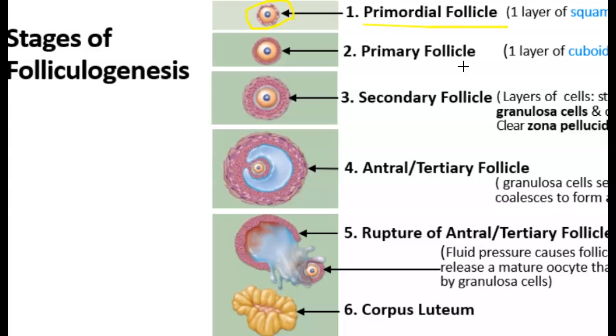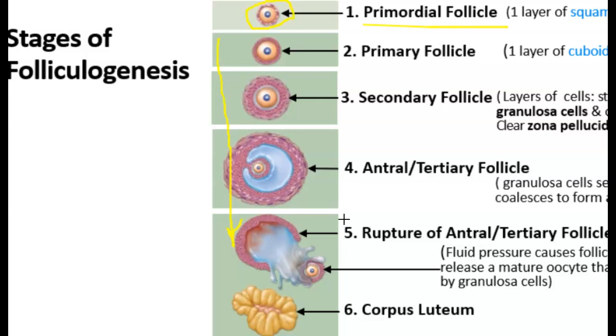From puberty until a woman reaches menopause, a group of about 20 primordial follicles are recruited, they say, each month to continue this process of folliculogenesis. What this means is that each month, 20 or so primordial follicles will respond to changes in hormone levels.